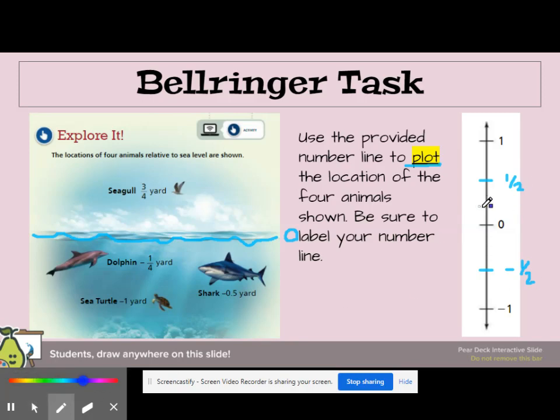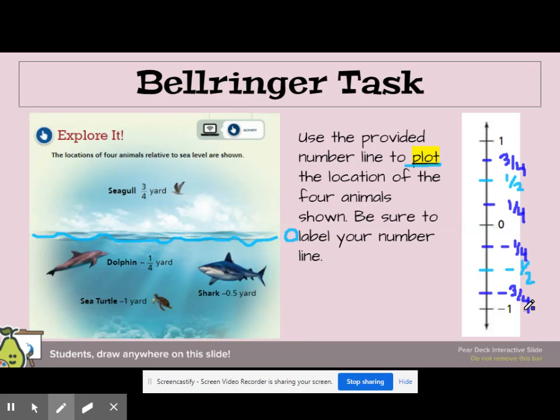And then over here, between 0 and a half is a fourth. 1/2, 3/4. Okay, that's how number lines work. You kind of have to memorize these benchmark fractions. We all know what a half is, but you need to know 1/4 and 3/4.